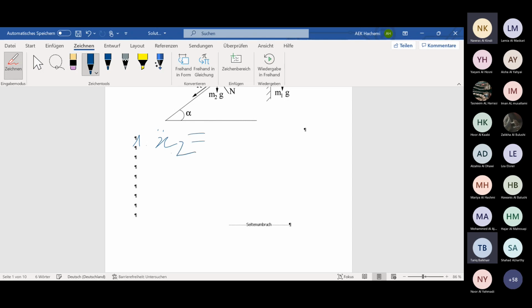This is what is asked for. That means we have to look for the acceleration.